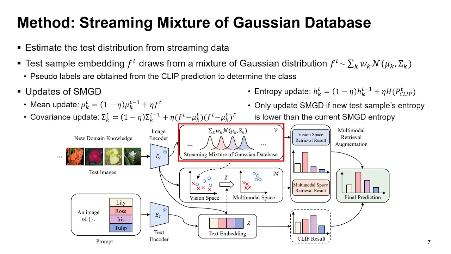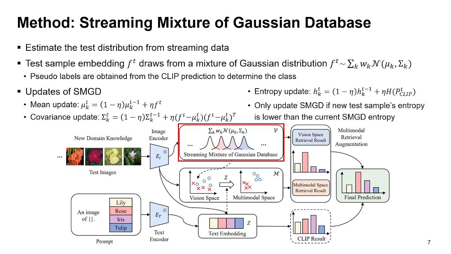The streaming mixture of Gaussian database, SMGD, module aims to dynamically estimate the test distribution from streaming data. We assume the test sample embedding is drawn from a mixture of Gaussian distributions. Pseudo-labels are obtained from the CLIP prediction to determine which class it belongs to.